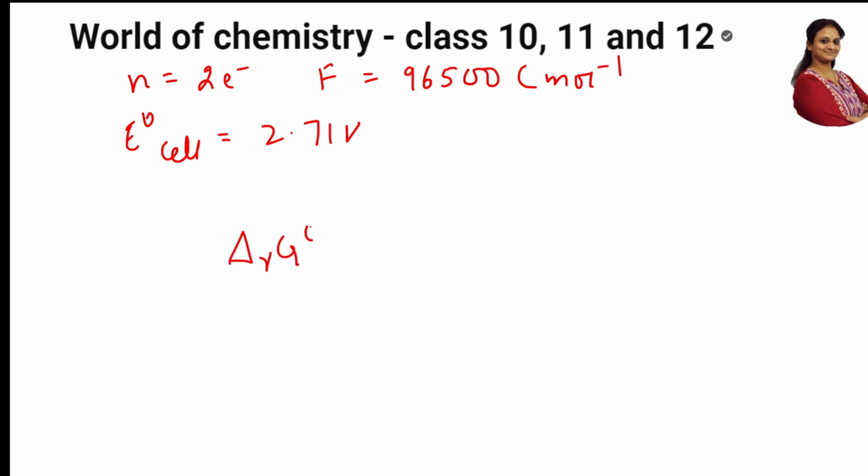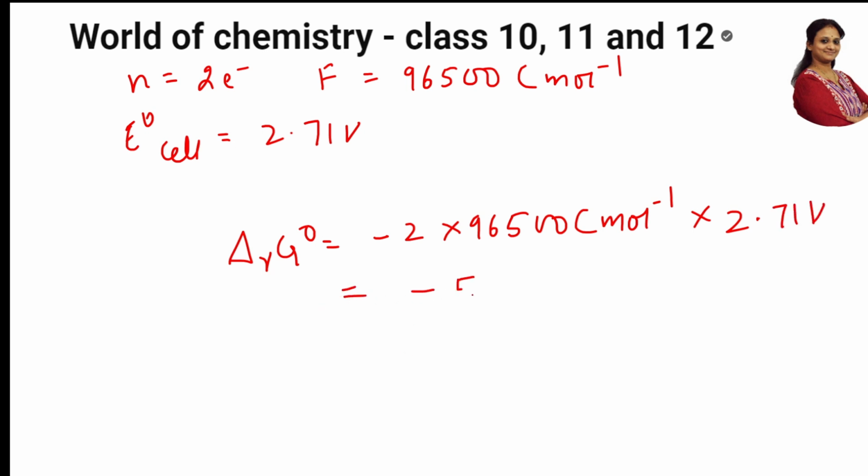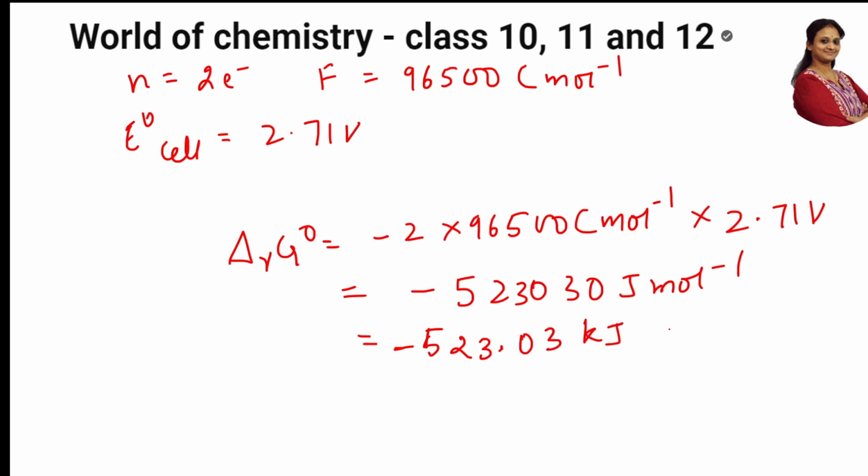Delta G naught is equal to minus 2 into 96,500 C mol inverse into 2.71 volts. When I multiply, I get the answer, minus 523 kJ per mole, to 3 decimals, 523.03 kJ mol inverse. Done.